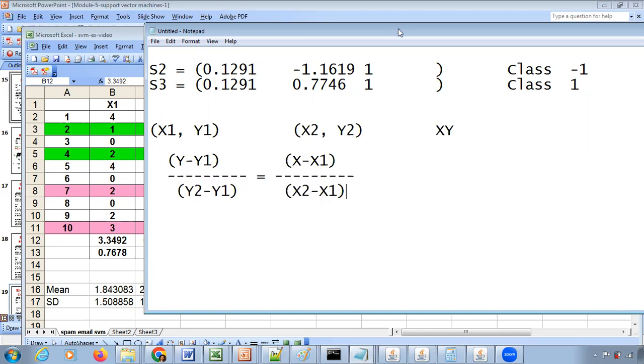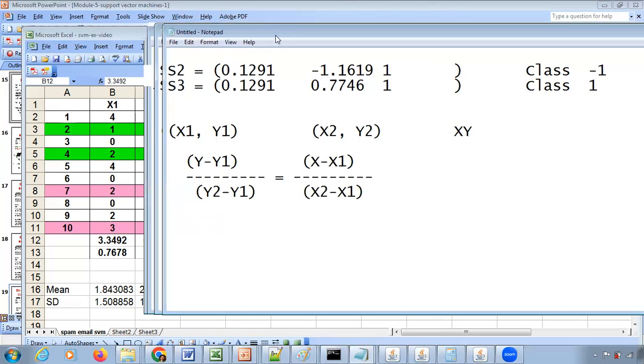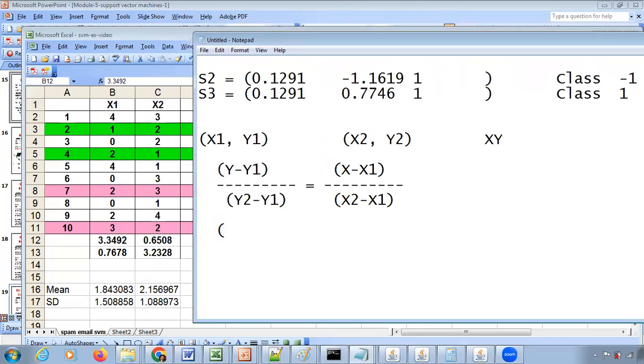So for example, let's pick up this one. The 2 points we are looking at are 3.3492 comma 0.6508, our x1, x2 treated as x and y.